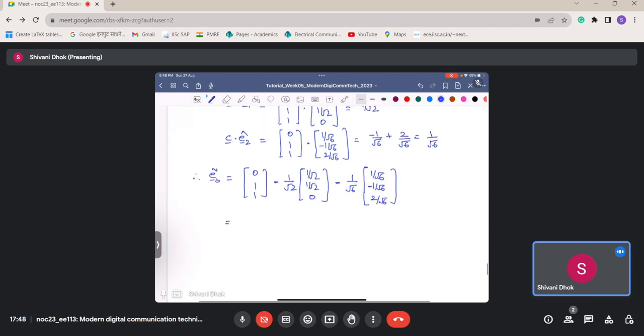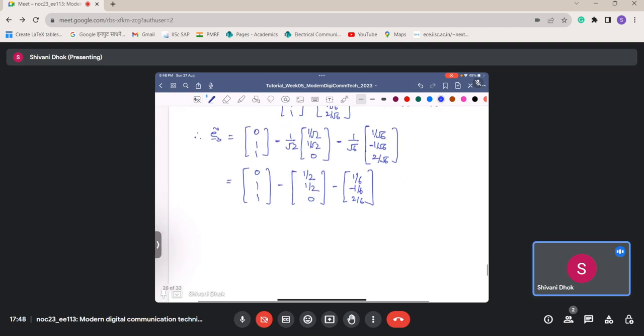So this is equal to (0, 1, 1) minus (1 by 2, 1 by 2, 0) minus (1 by 6, minus 1 by 6, 2 by 6).